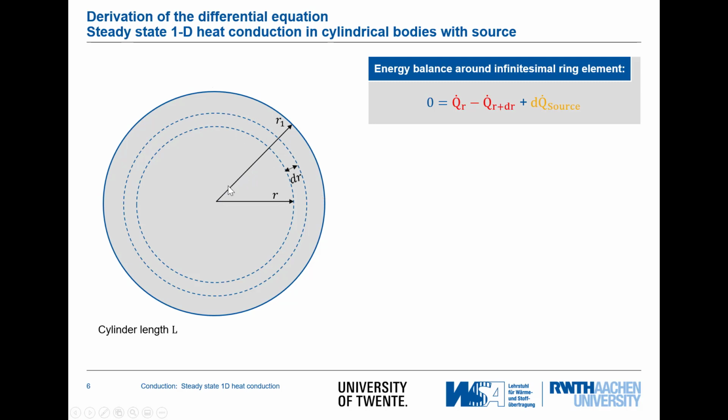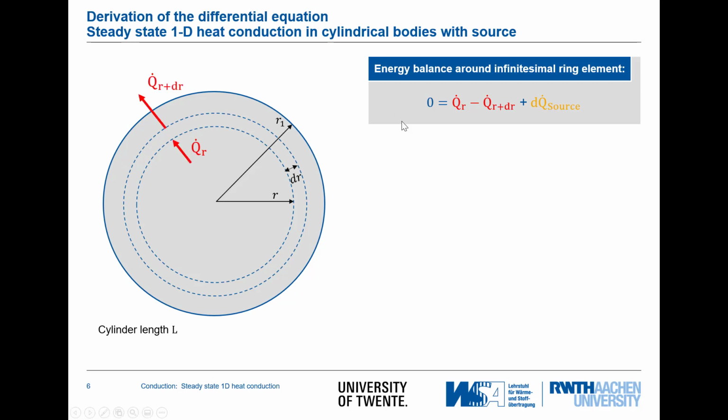But not only the surface area increases, but also the volume associated to the heat that is generated is also increasing. So we have to really take into account the area and the volume, and to calculate then the energy balance or the differential equation coming from the energy balance.